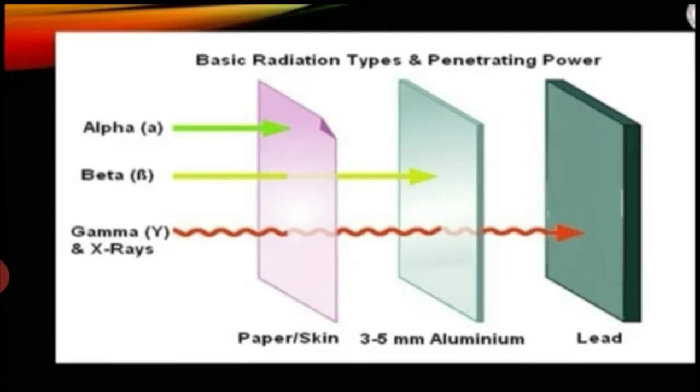Using paper or skin we can stop the alpha rays. And you see the second one, by using aluminum we are able to stop the beta rays. The third one is the gamma rays. We use a lead container to stop the gamma rays. So which has the most penetrating power? Gamma rays.